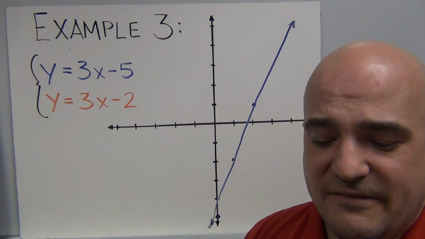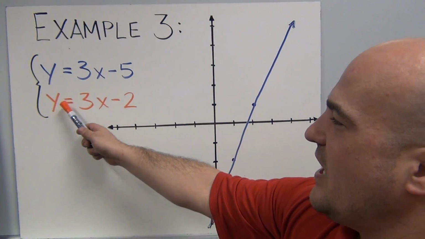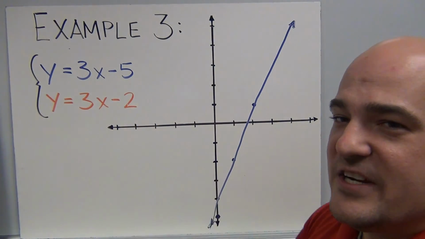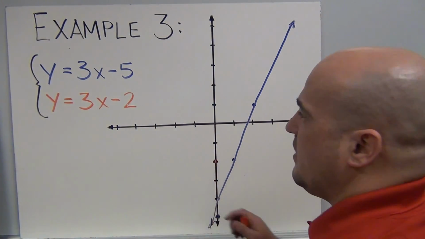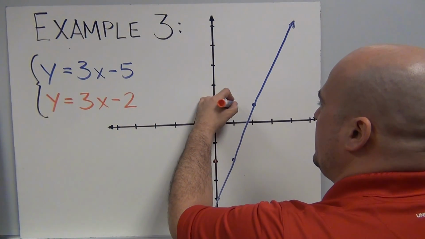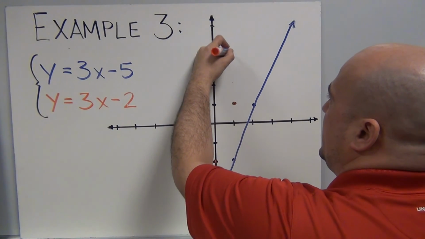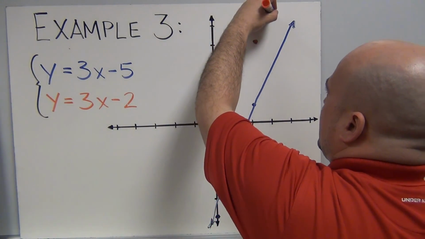All right, there's the line for my first equation. I'm going to go ahead and graph my second equation now. My second equation is y equals 3x minus 2, so my y-intercept is negative 2. And my slope is 3, so I'm going to go up 3 over 1. Connect the dots.